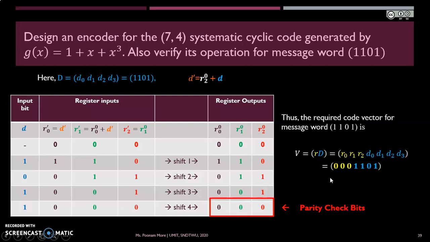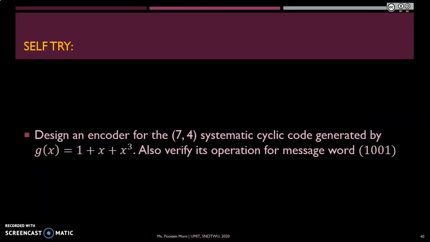So this represents our code vector, which you can verify by using the steps that we have discussed in the last tutorial to get systematic cyclic codes. You can try this example yourself by using the encoder. First you have to design the encoder, and then you can verify the result.